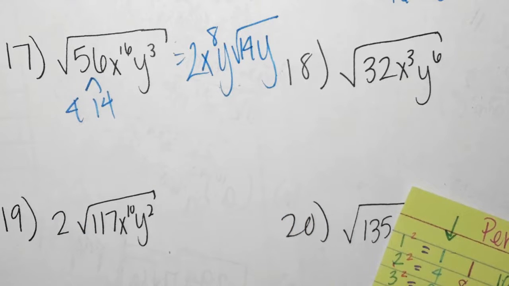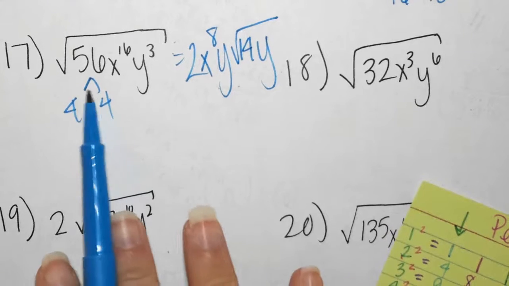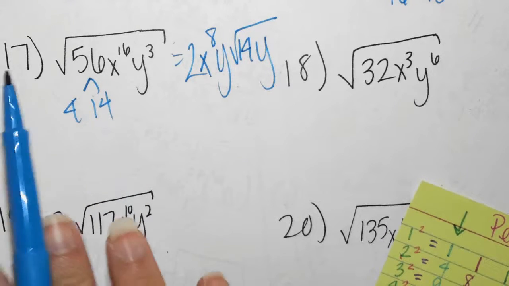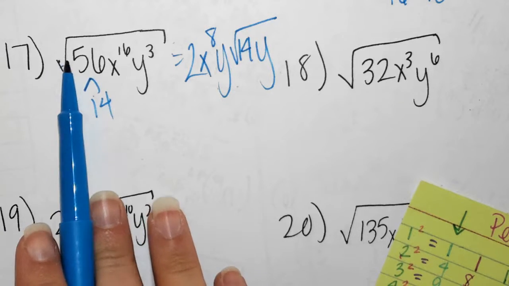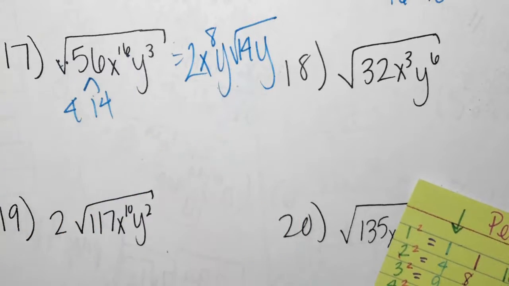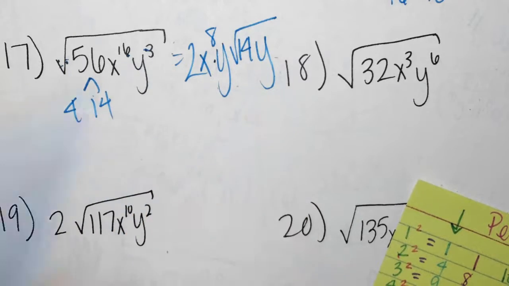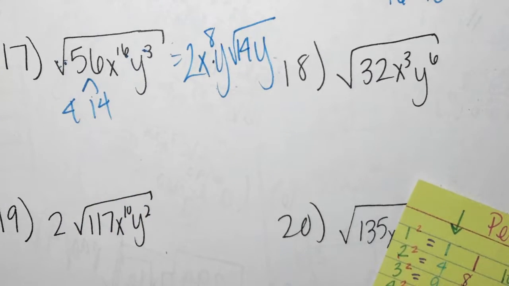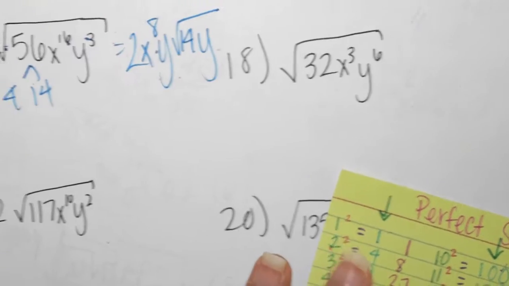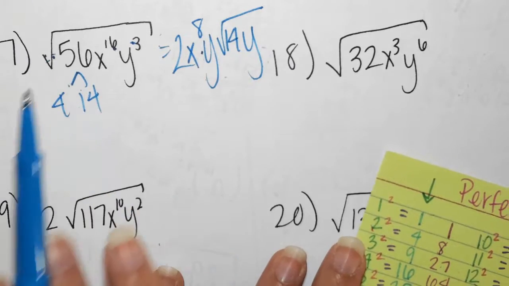Do I need to walk through that one again? Yes. Which part? The variables or the beginning? The variables. All right, so we have an index of 2. 2 goes into 16 8 times with none left over. 2 goes into 3 once with 1 left over. 4 times 14 is 56.